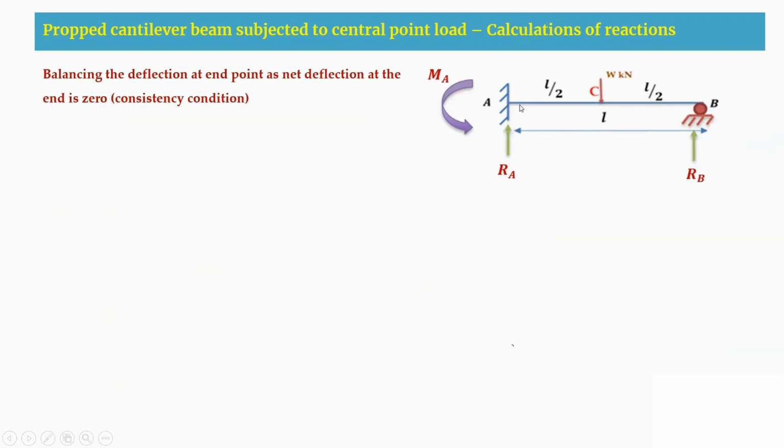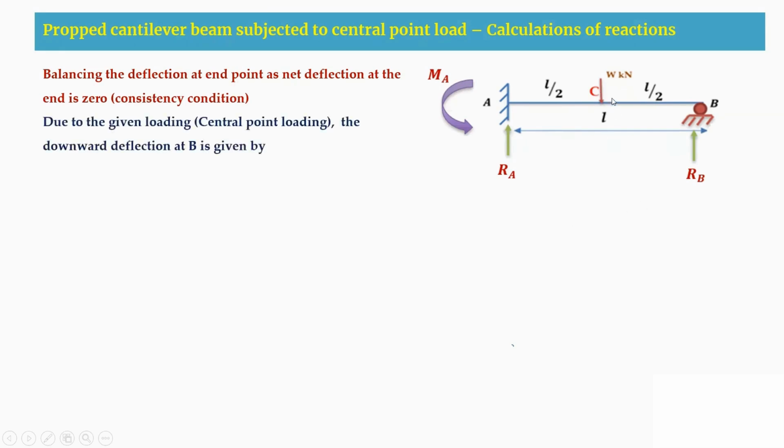We divided the entire propped cantilever beam into two parts: one is a cantilever beam with the point load, and the other is a cantilever beam with the vertical reaction. Due to the given central point loading, this cantilever beam has a deflection in the downward direction as the load is acting downward.